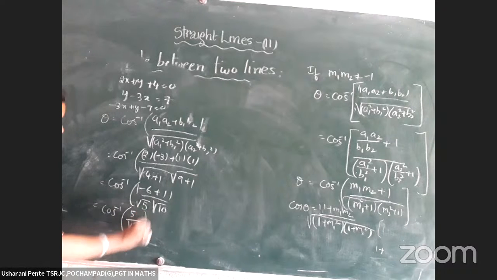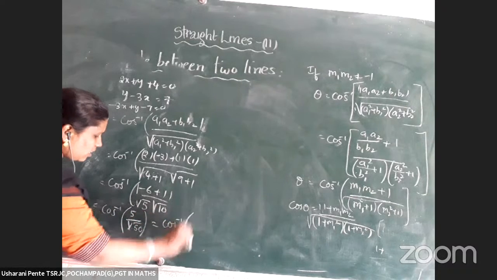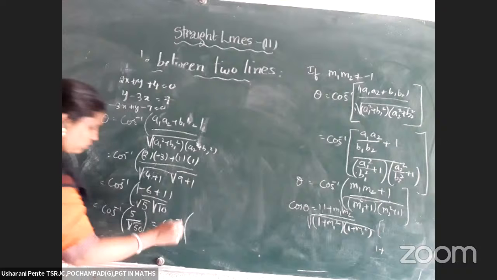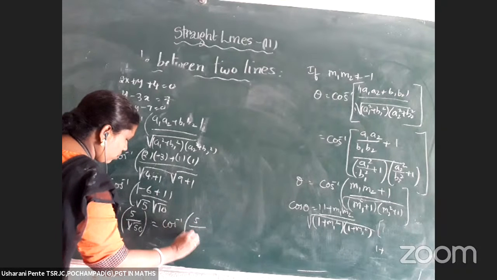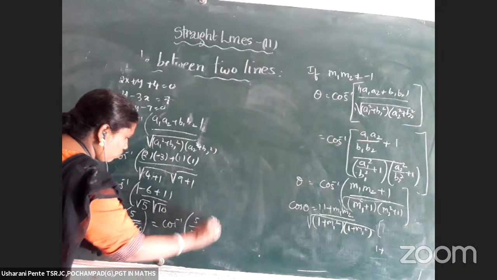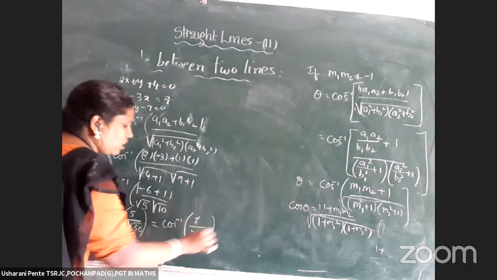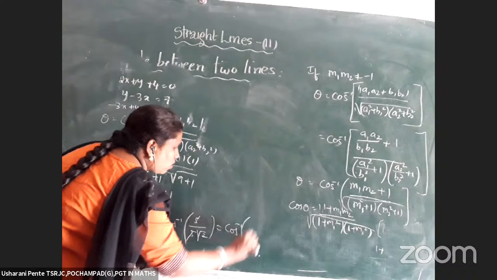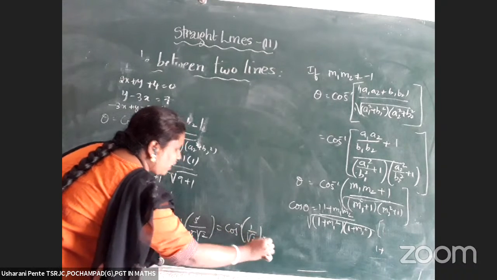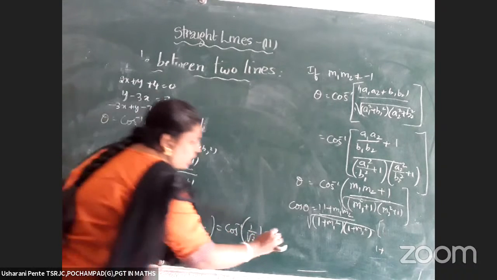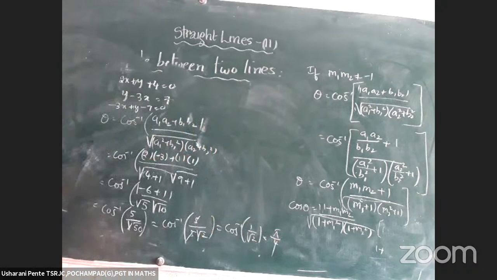Under root 50 we can write as 25 times 2, that is 5 root 2. So 5 by 5 root 2, which implies cos inverse of 1 by root 2. When do we get 1 by root 2 in cos? That is for pi by 4. Therefore, the angle between these two lines is pi by 4.